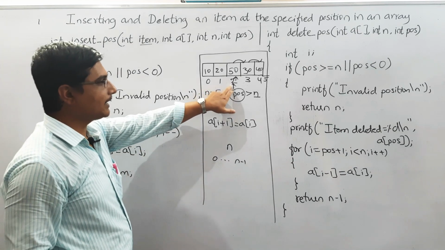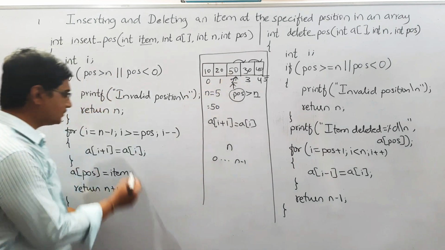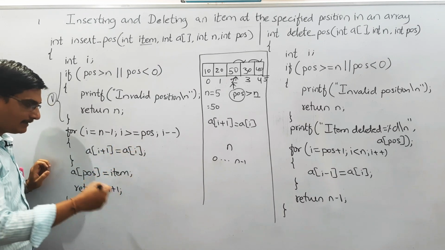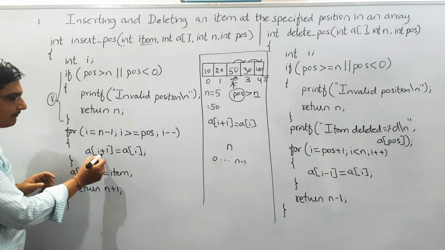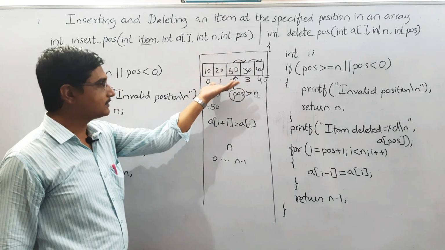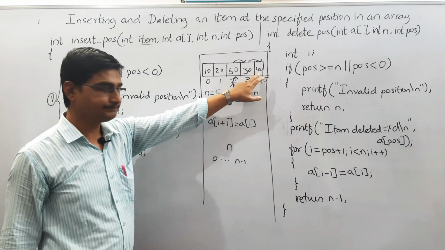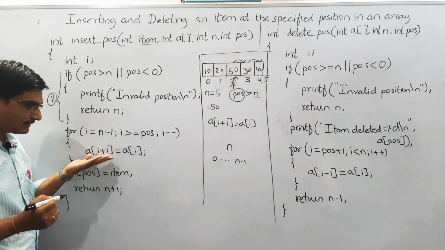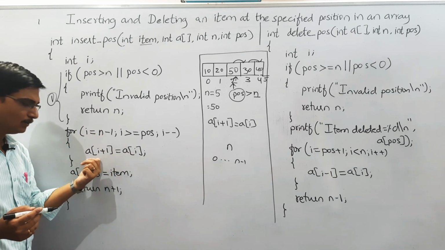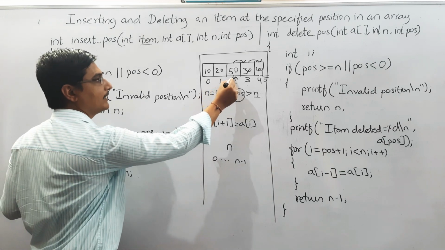The position here I considered was the third location. So I should be greater than or equal to position, and we decrement I in every iteration. A of I plus 1 is equal to A of I. Say here, for example, in the previous array, 40 is shifted to the last location. I plus 1 is that location, because I is initialized to the last location and the previous element is assigned to that location. This will be repeated till we reach that position.